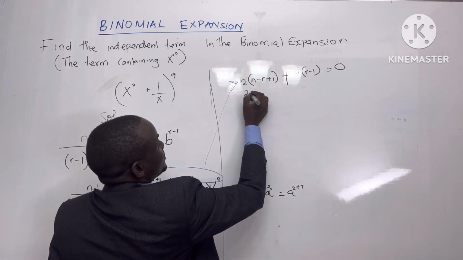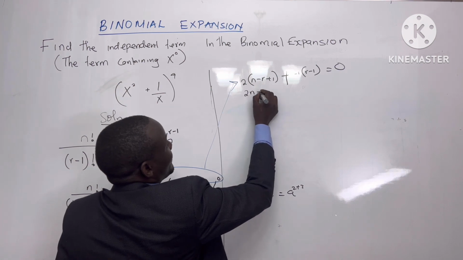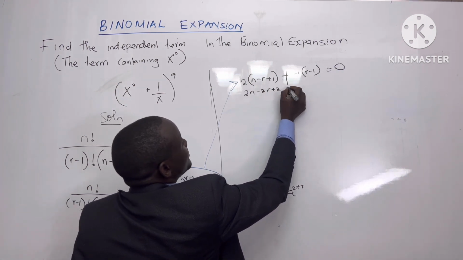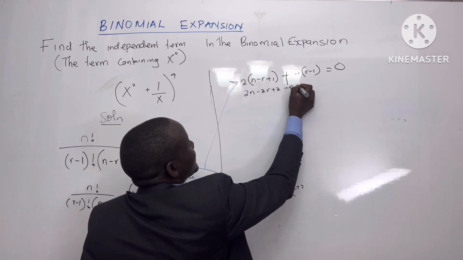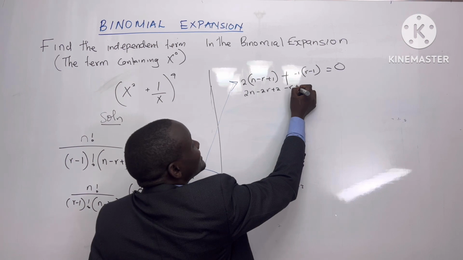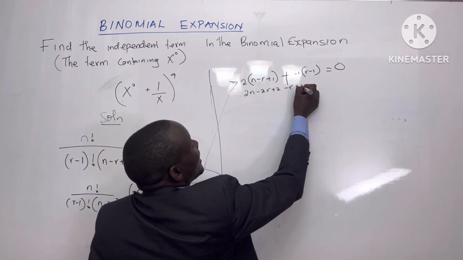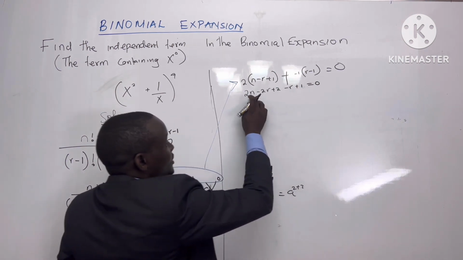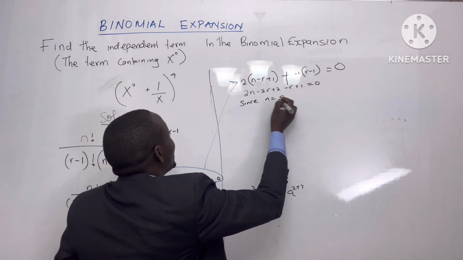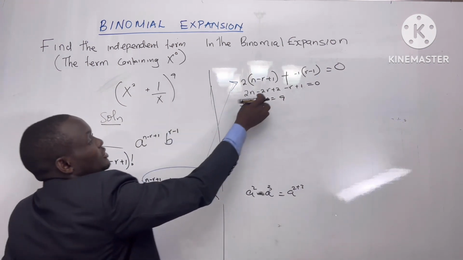We can open the brackets. When you open the brackets, you have 2n minus 2r plus 2 minus r. This minus affects this one, then this becomes plus 1 equals 0. Since we know our n equals 9, you can substitute here.